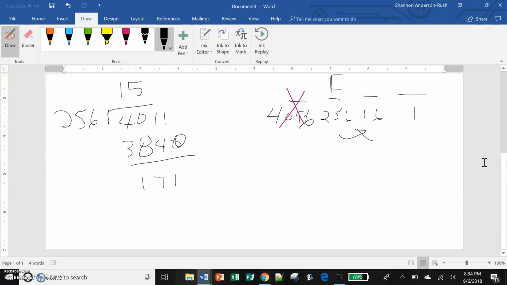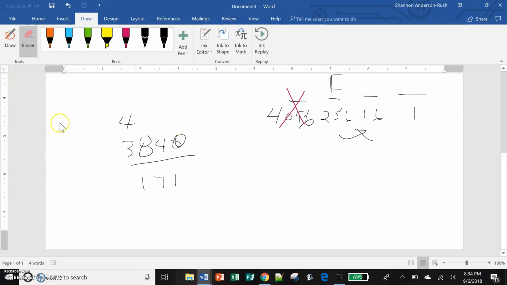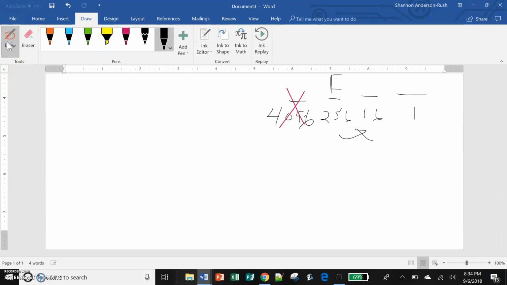How many times will 16 go into 171? Well, let's set up a math problem here. 171 divided by 16 goes in evenly 10 times, and then there's a remainder.